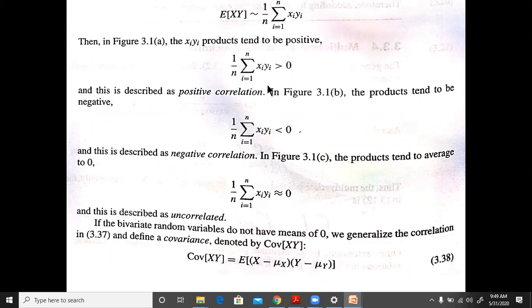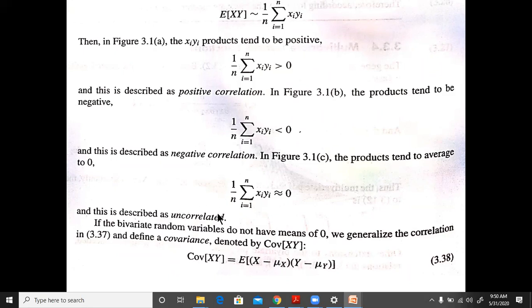Under that condition, we can have this quantity either greater than 0, less than 0, or equal to 0. If it is greater than 0, then we call that a positive correlation. If this quantity is less than 0, then we call it a negative correlation. And if this value is equal to 0, the textbook has mentioned it as uncorrelated, but rather you cannot say it as uncorrelated.